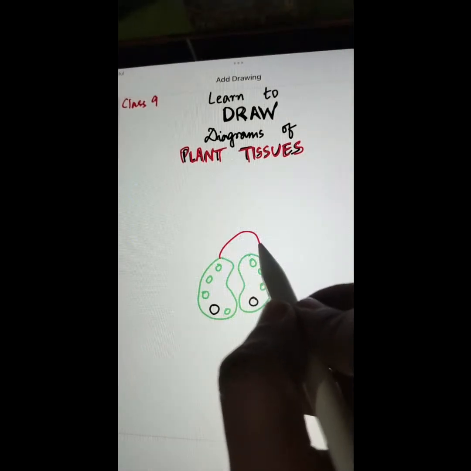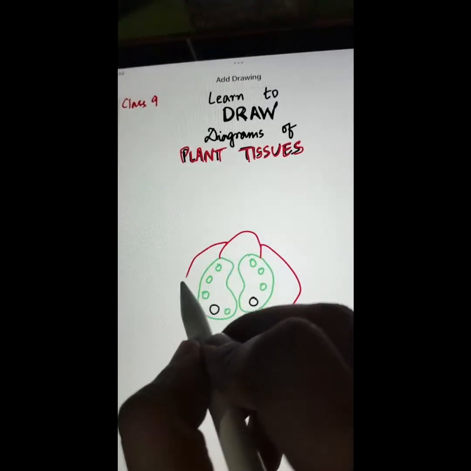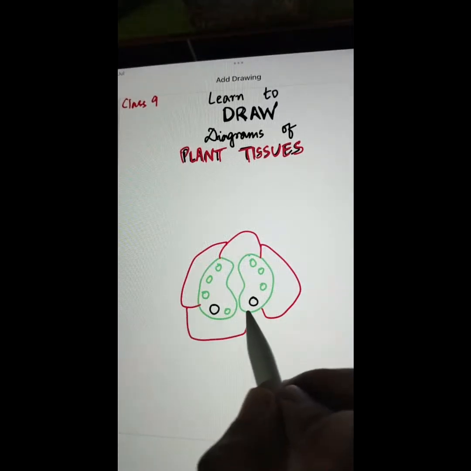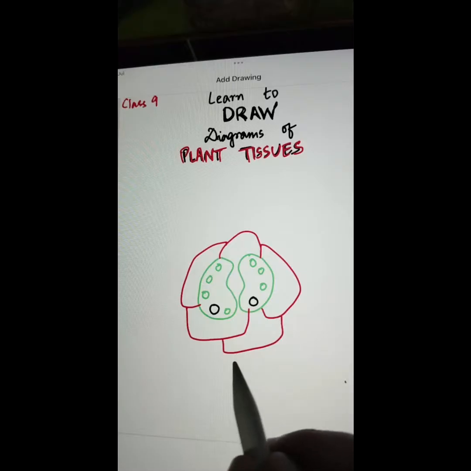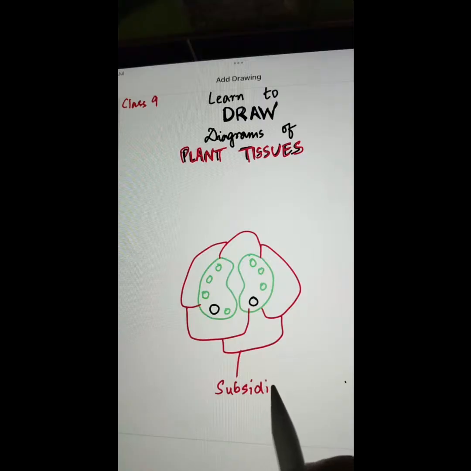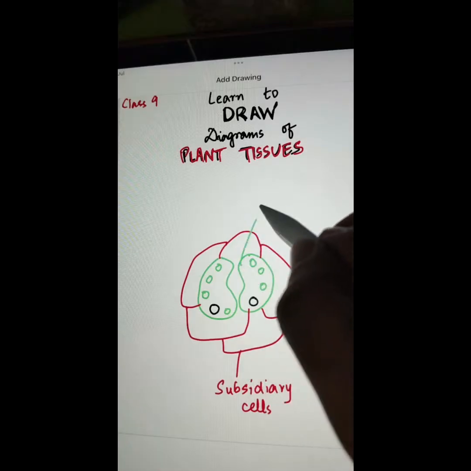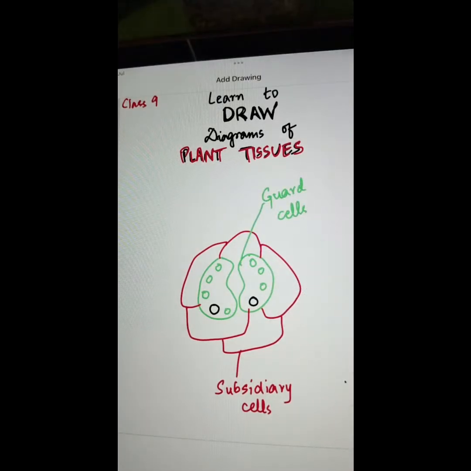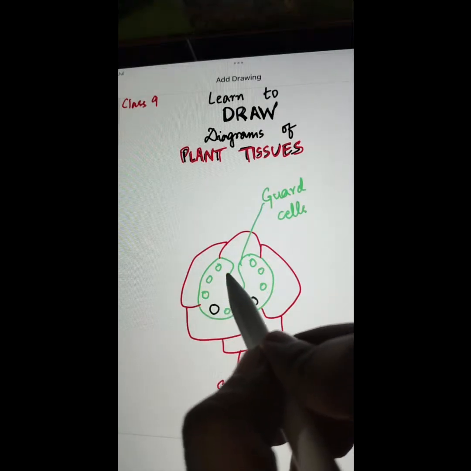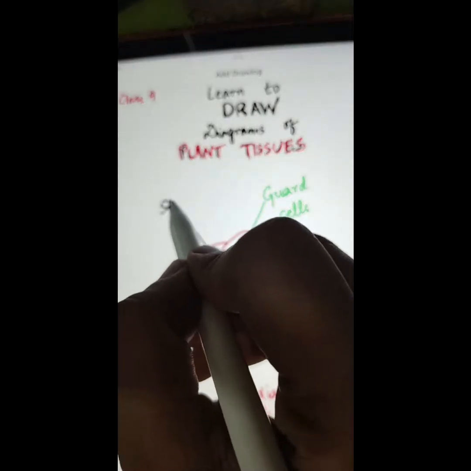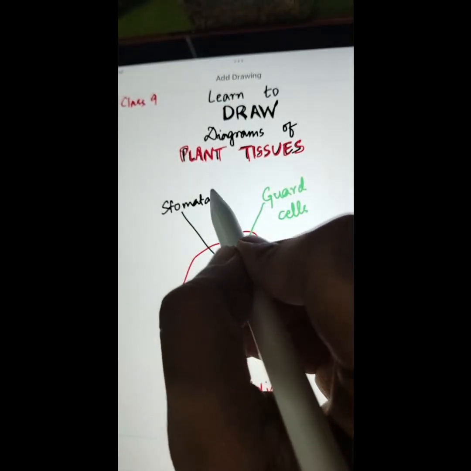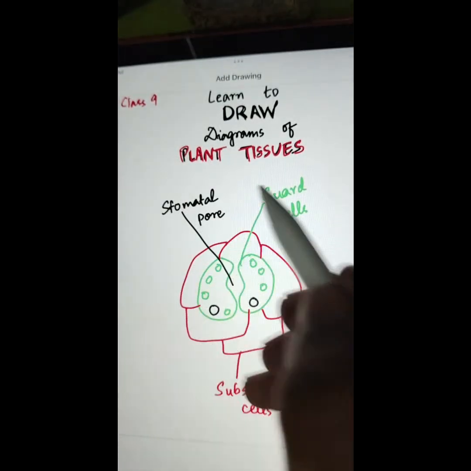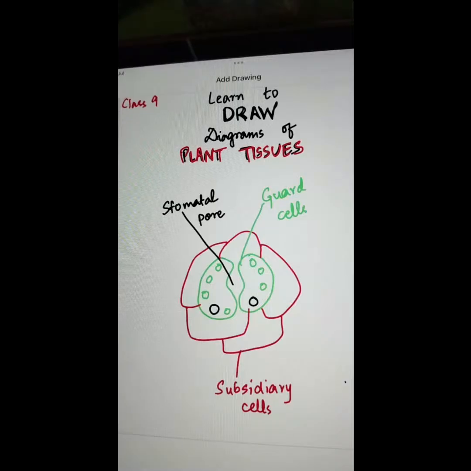The guard cells are surrounded by these red marked cells, and these are known as subsidiary cells. These green cells are guard cells. The space that is formed in between is the stomatal pore. Because of this pore, water comes out and the exchange of gases takes place.